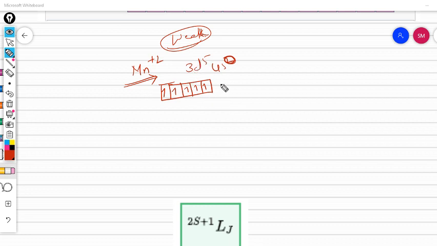The term symbol is 2S plus 1, L, and the subscript of J. First 2S plus 1.